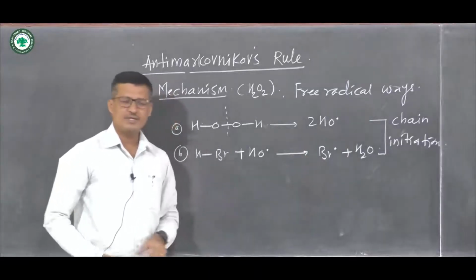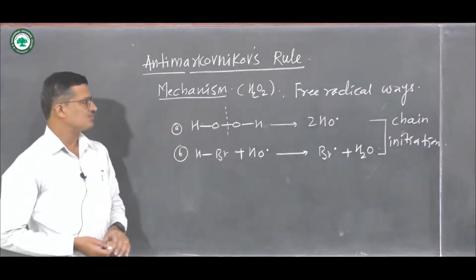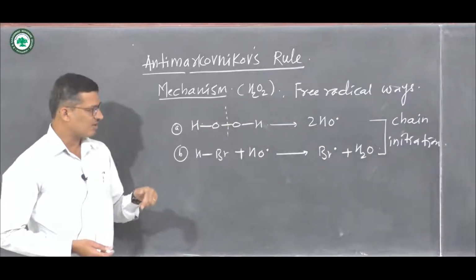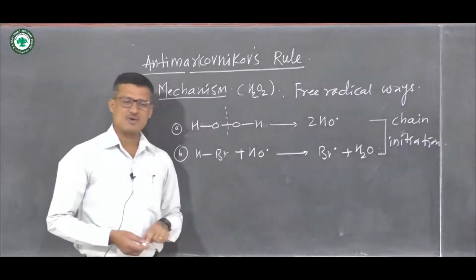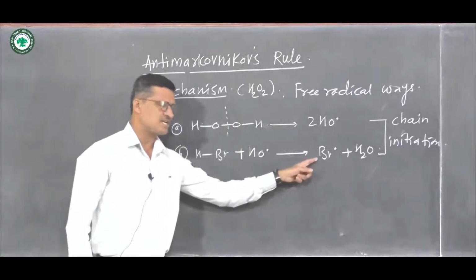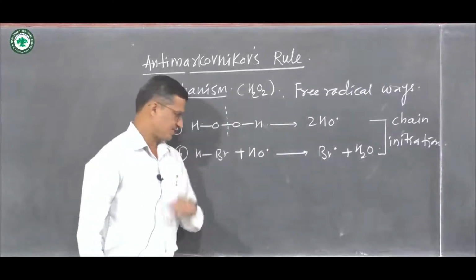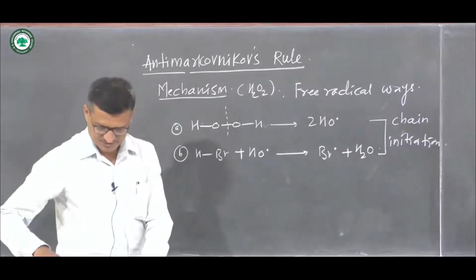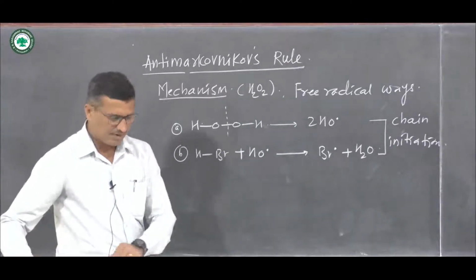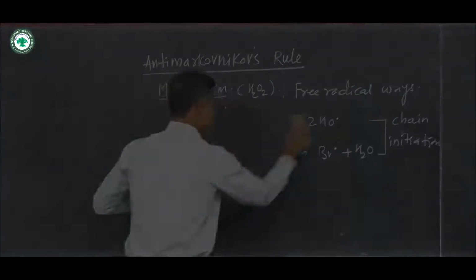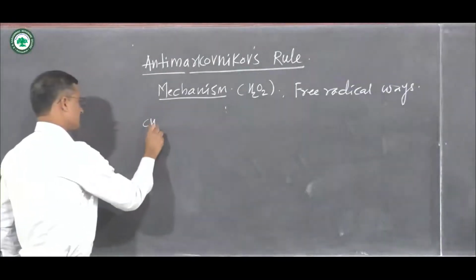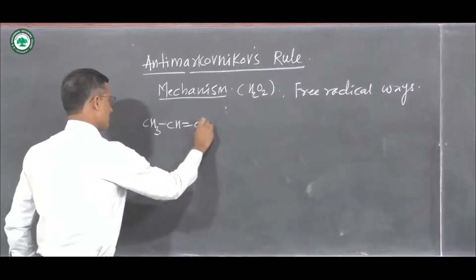And actually in presence of H2O2, which species is added to the carbon-carbon double bond? The Br radical is added to the carbon-carbon double bond first. So what happened in the second step? Once you write a reaction, you take this as your starting compound.